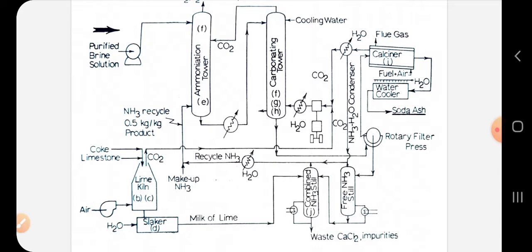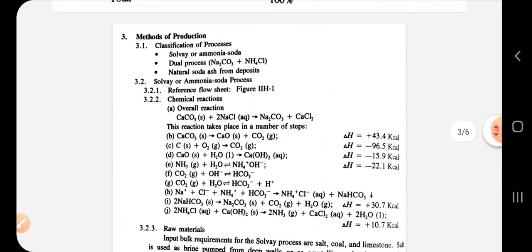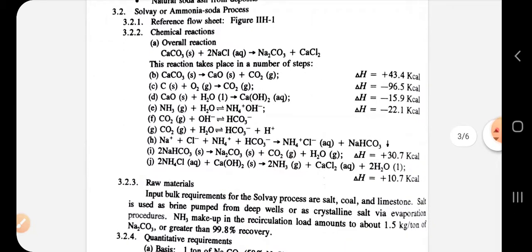Now the bottoms containing combined ammonia are then fed to the second still, the combined still. From both these ammonia stills, the filtrate is then again sent to the carbonating tower after the reactions in the free NH3 still and combined NH3 still. The reaction taking place in the combined ammonia still is reaction J, the last reaction from the chemical reactions.